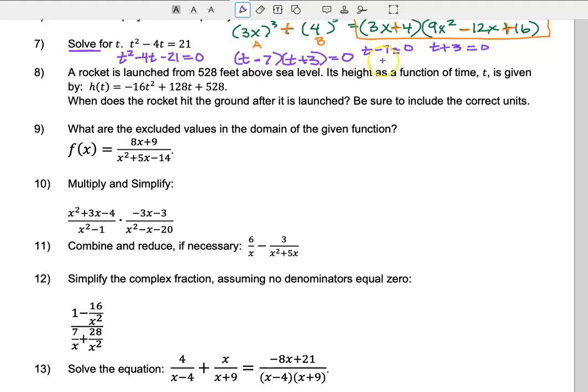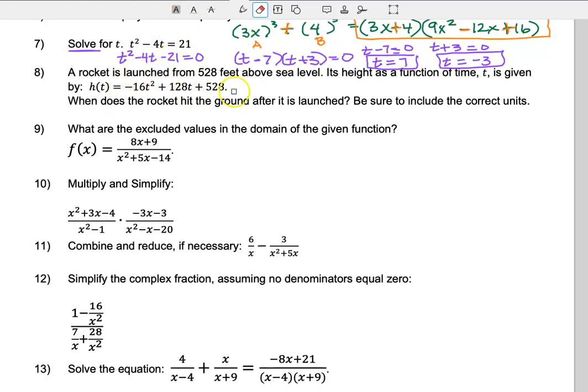So if I add the 7 over, I get t equals 7, and I subtract the 3 over, I get t equals negative 3. And so those are my two answers. And I'm expecting 2 answers because my highest exponent here is a 2. That's telling me how many total solutions I am going to end up with. Okay.